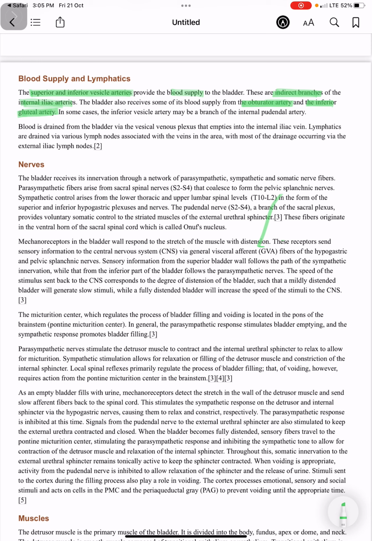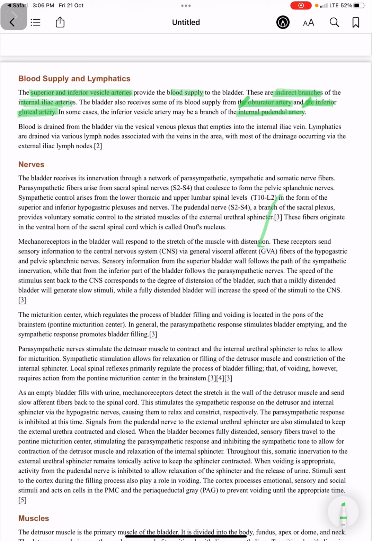In some cases, the inferior vesical artery may be a branch of the internal pudendal artery instead of coming from the internal iliac artery.